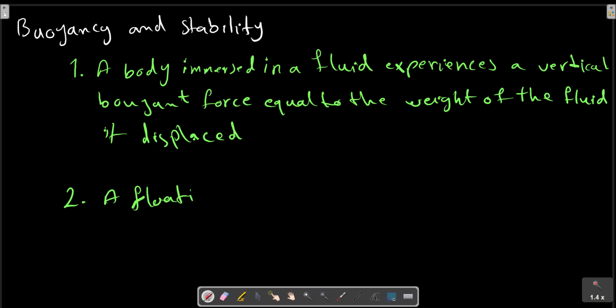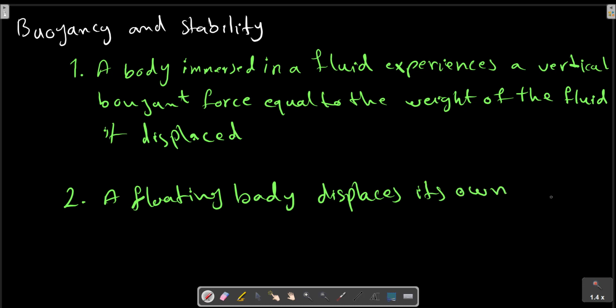A floating body displaces its own weight in the fluid in which it floats.